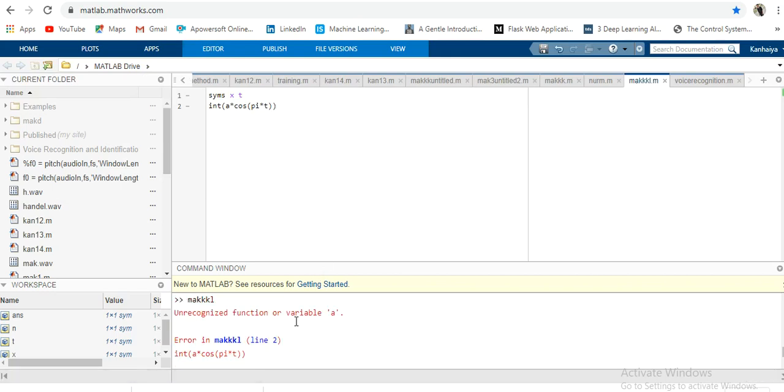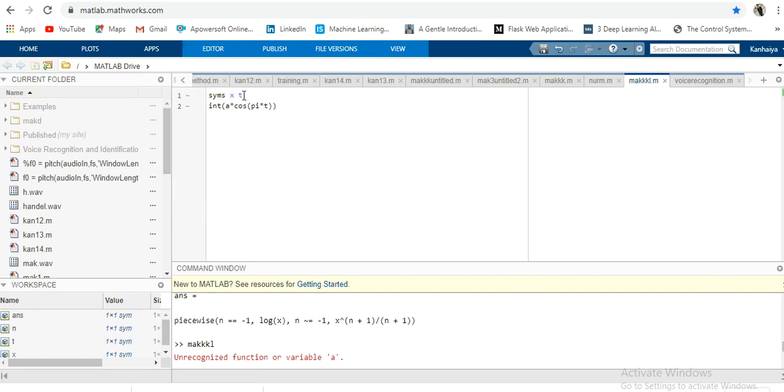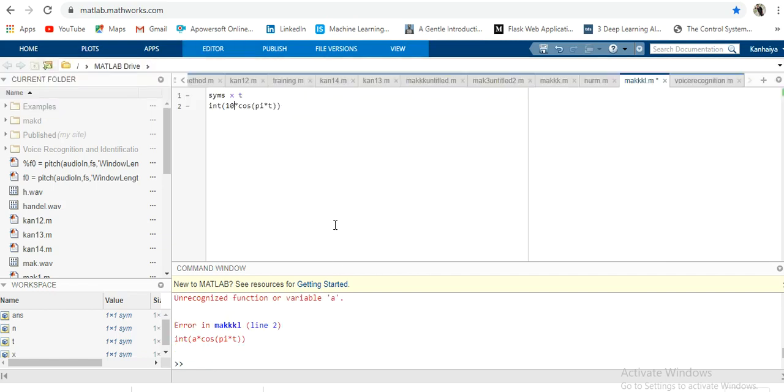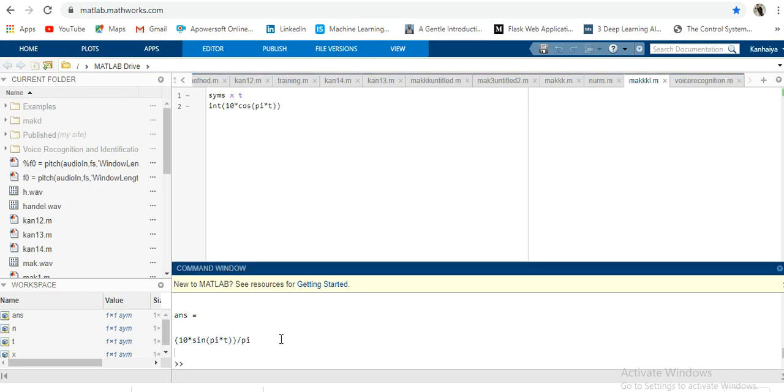Yes, a is not defined, but we are taking a as a constant. We can define a here. We will take it as 10. Yes, that is giving 10 sin pi t upon pi. As we expected, it should give.